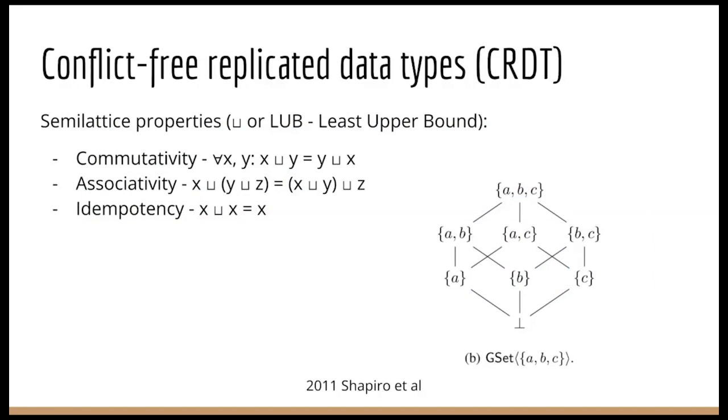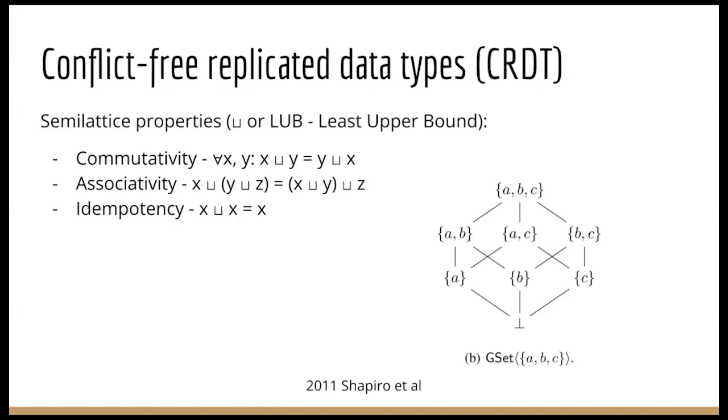And now we have all the ingredients to define yet another mathematical object called the semi-lattice. And it's essentially, again, a set with the least upper bound operator. And that operator has to be commutative, because when we, for example, use a gossip algorithm to disseminate information across the nodes, when we deliver those messages, they can come out of order, and we still need to combine them, and that's why we need commutativity.